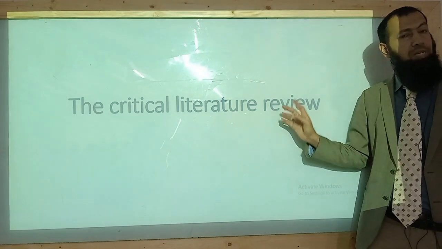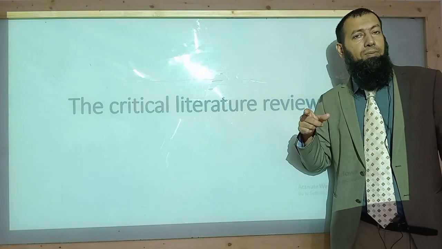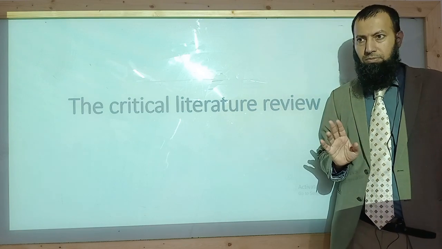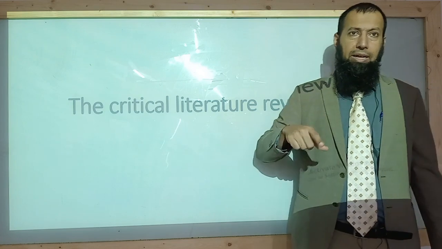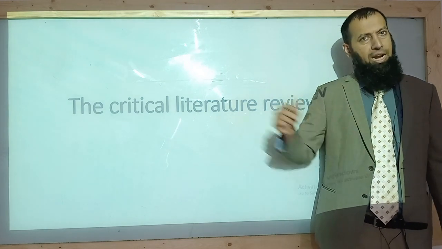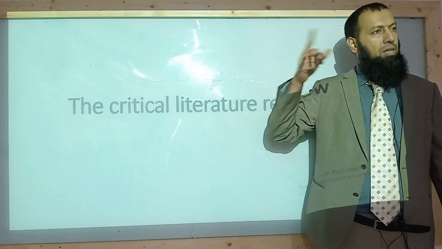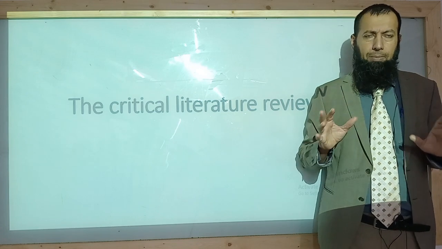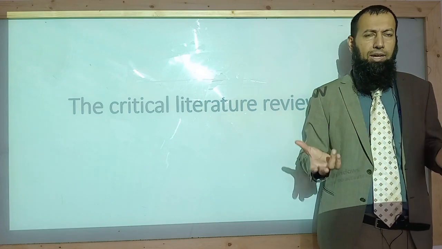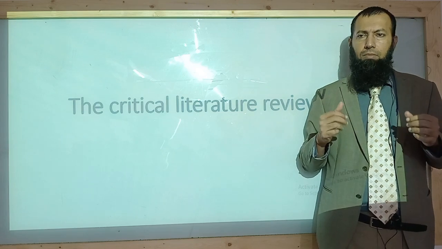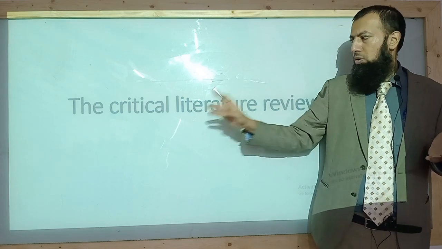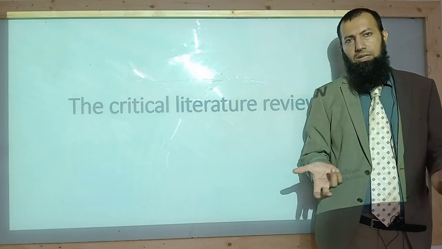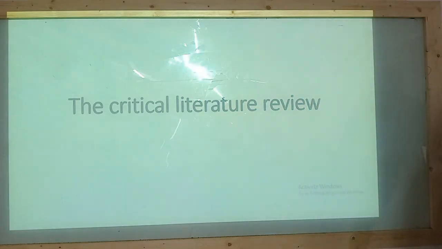So literature review means you find the literature in favor of your topic and against your topic, whatever your problem is, customer frustration, brand loyalty, any sort of problem. You are going to see multiple perspectives, either in favor or against. That is why it is called critical literature review.